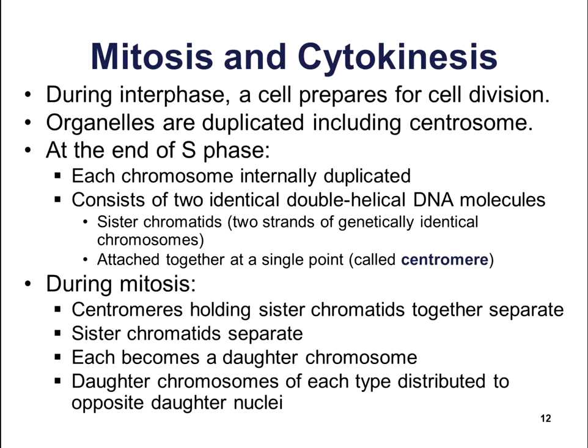During mitosis, that centromere that is holding those sister chromatids together is going to separate, so that those sister chromatids separate. And they each become a daughter chromosome. And then each of those daughter chromosomes is distributed to one or the other daughter nuclei.